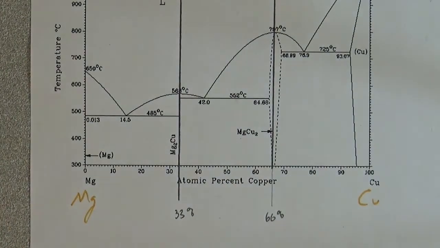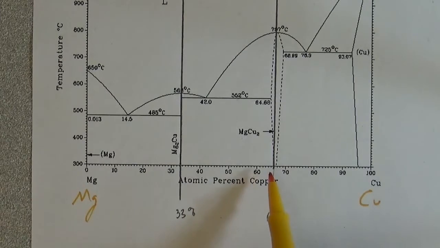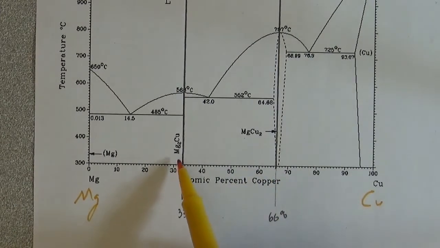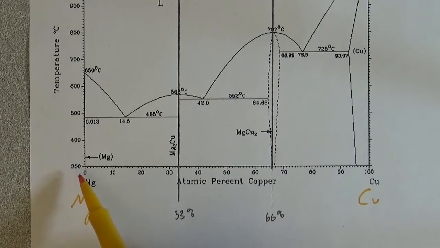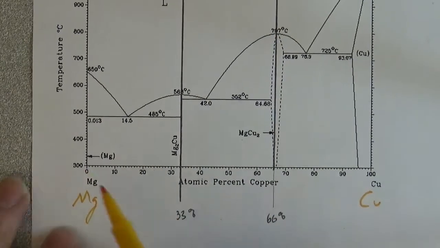Magnesium and copper have a fairly large difference in atomic radius, and as a result you get two different compositions. Here we get a line compound, this magnesium is a line compound, so copper is fairly insoluble in this.